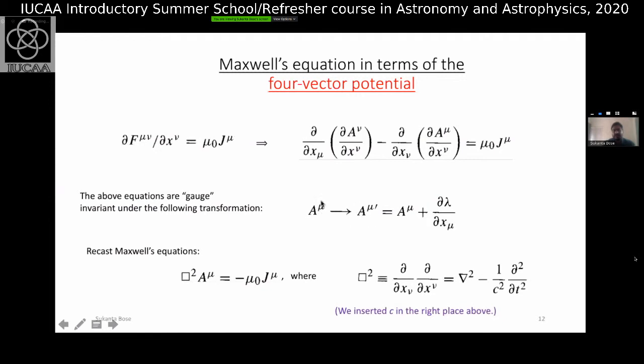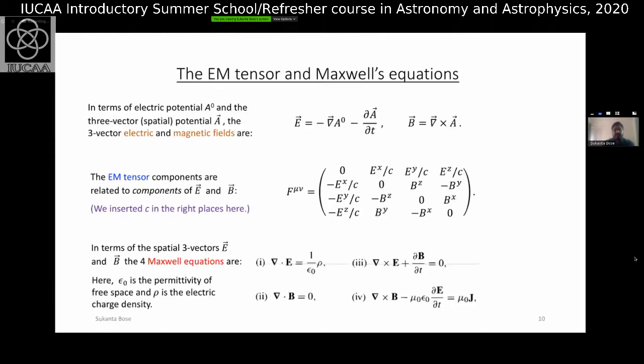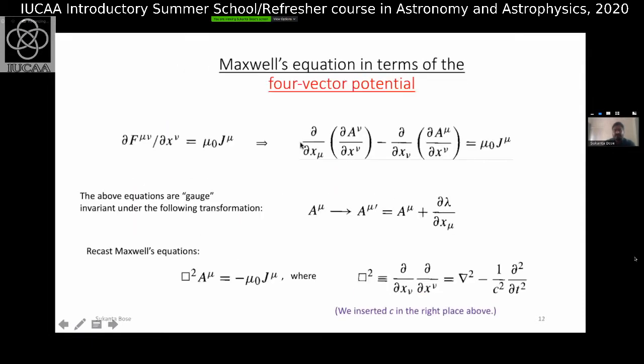If to that 4 vector you add the derivative of some scalar lambda with respect to x mu to get a new vector A mu prime, then you can verify that your electric field and magnetic field remain unchanged. These are the physical variables which you measure, which is why this is called a gauge transformation: any such transformation of your electromagnetic 4 vector will leave the electric and magnetic fields unchanged.